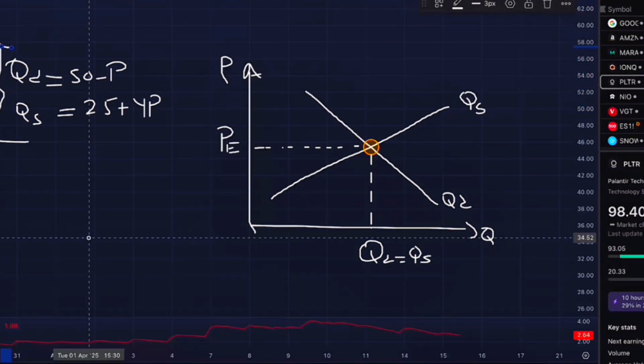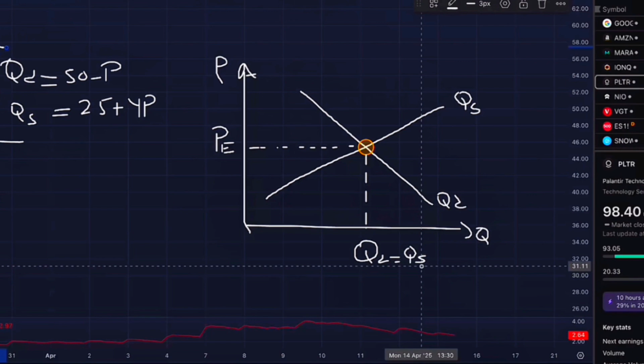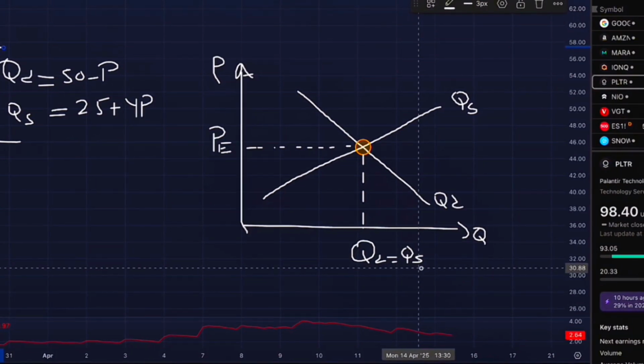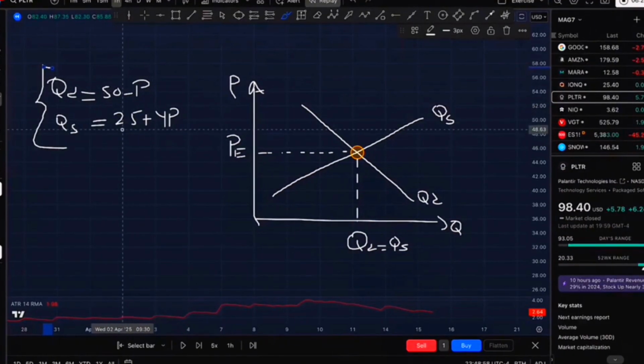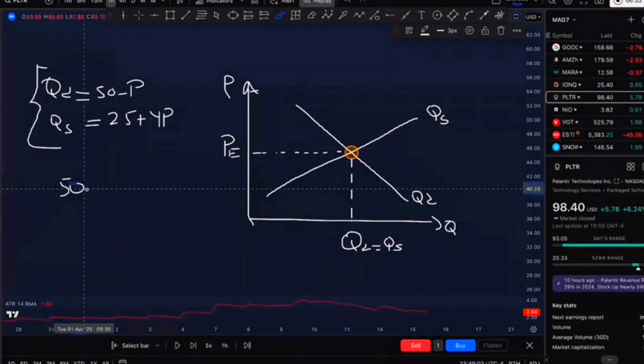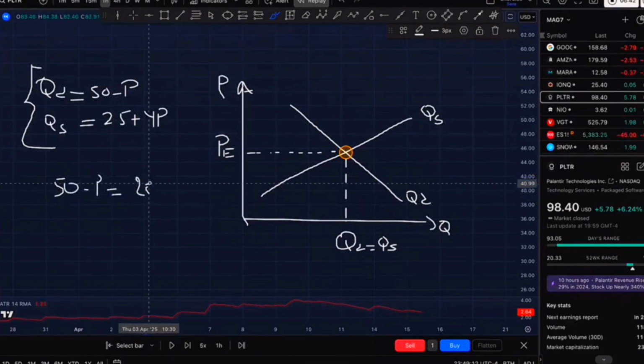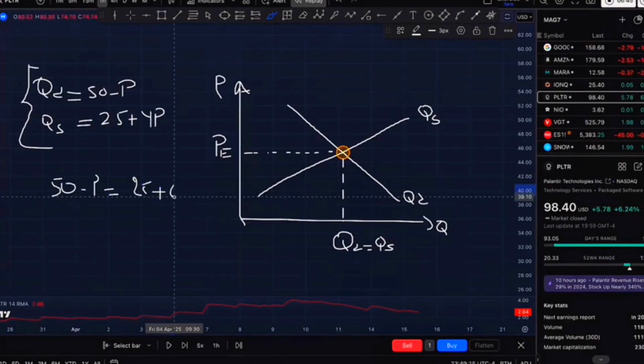Now we have a system of equations. If we say the quantity demanded equals the quantity supplied, we can solve this equation. We're gonna have 50 minus P equals 25 plus 4P.